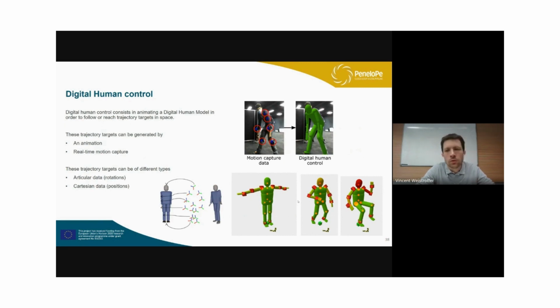So this concerns the digital human model. And then on the control part, as I will show in the next slide, indeed, you have some damping and stiffness parameters in order to make the human model follow the targets. These damping and stiffness parameters are input inside the software, and they depend on the mass of the human body, and also on the mass of other objects the human body has to carry.